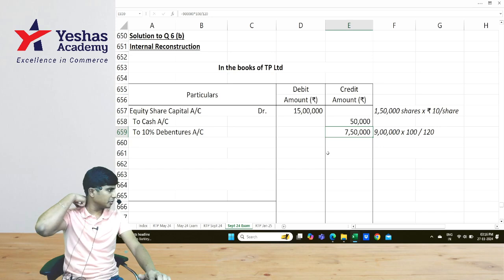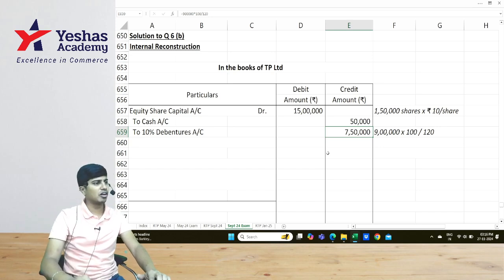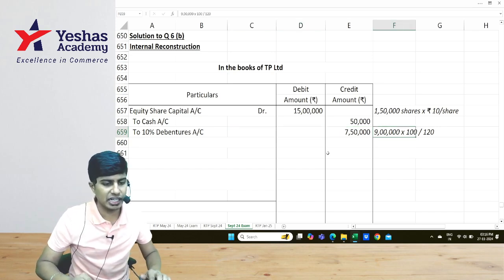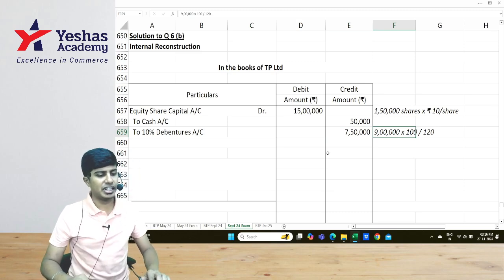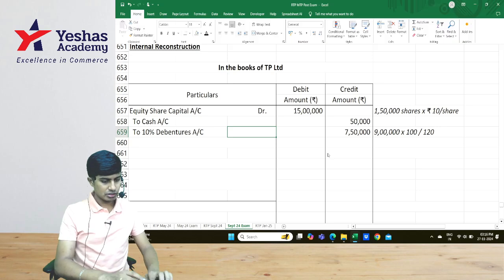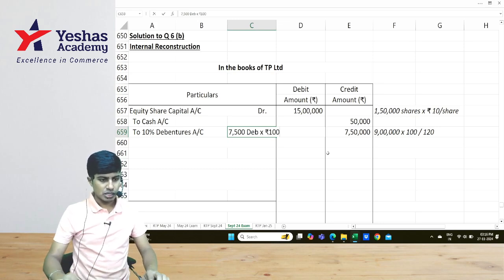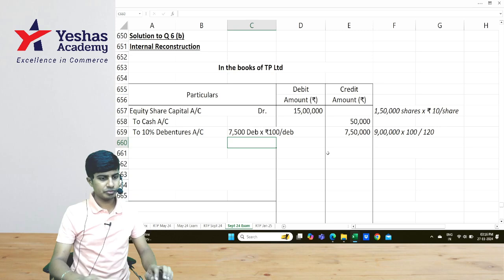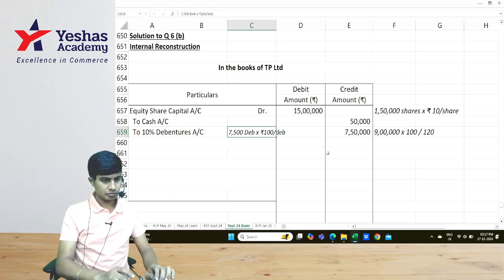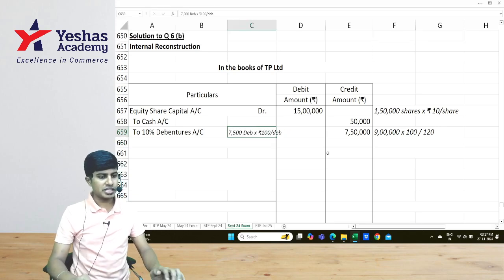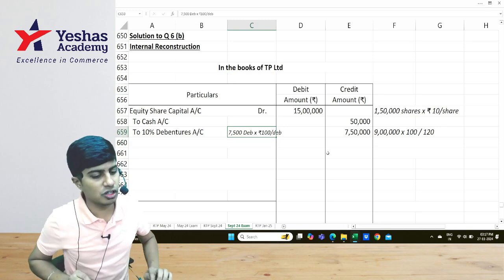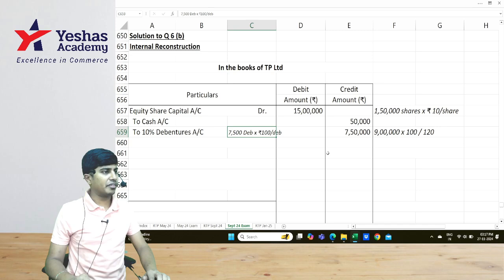If you divide it by 100, you get the number of debentures, which is 7,500 debentures. So there are 7,500 debentures of rupees 100 each, which comes to 7,50,000.